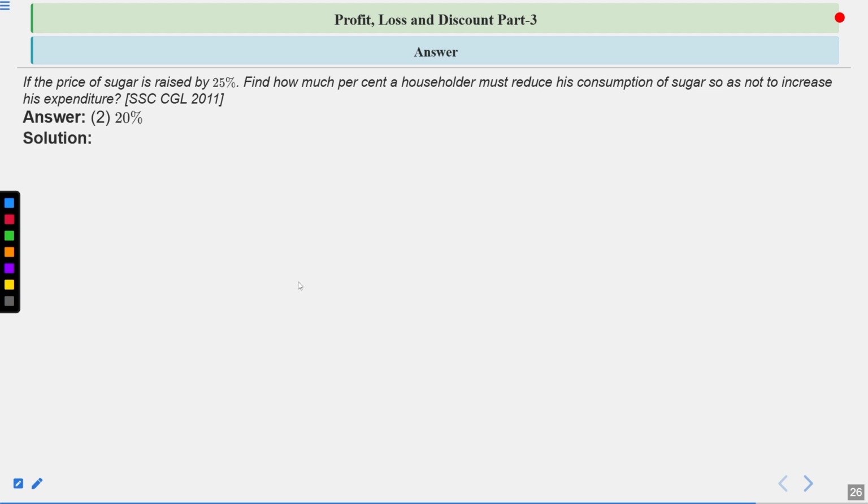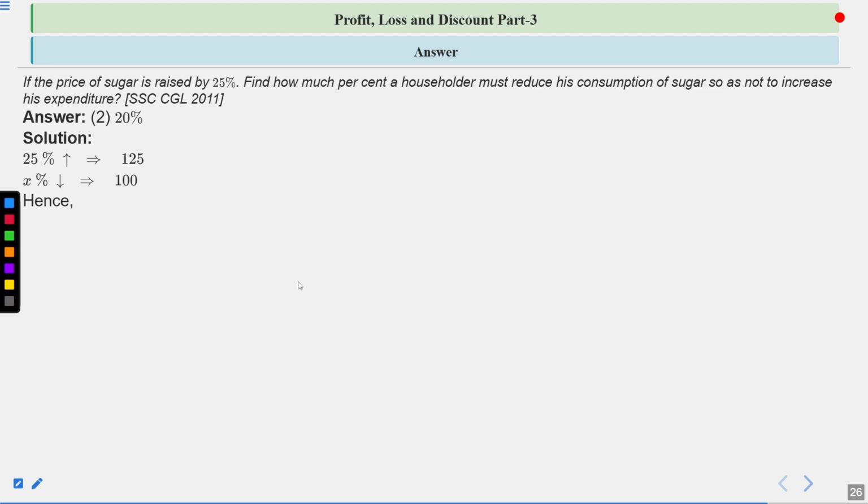Now see the detailed solution of this question. So the question says that the price increased by 25%. So it will become 125. Now consumption is decreased by X% from 100.